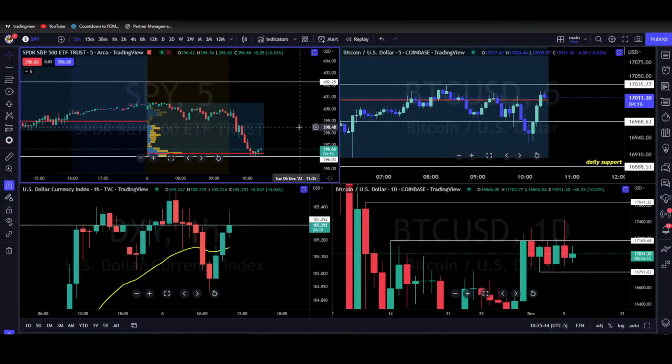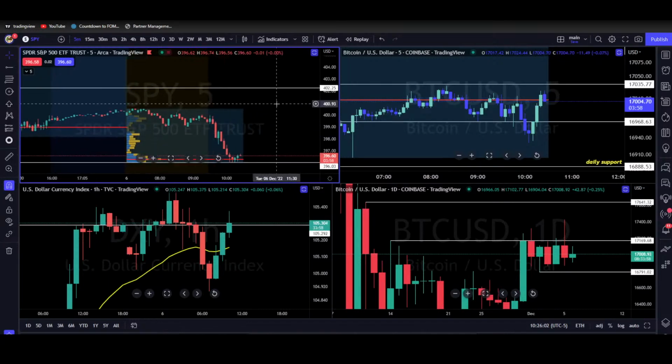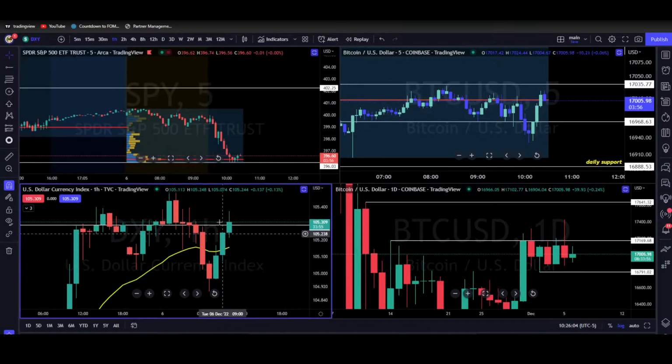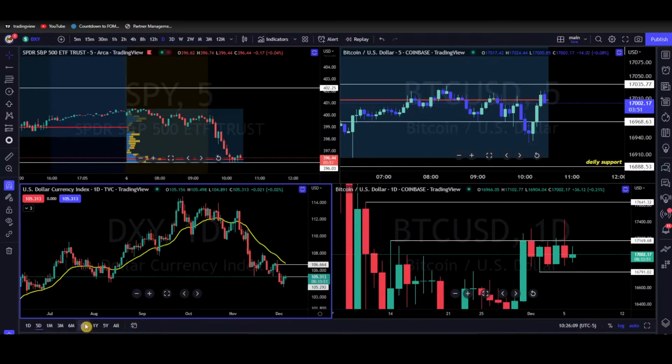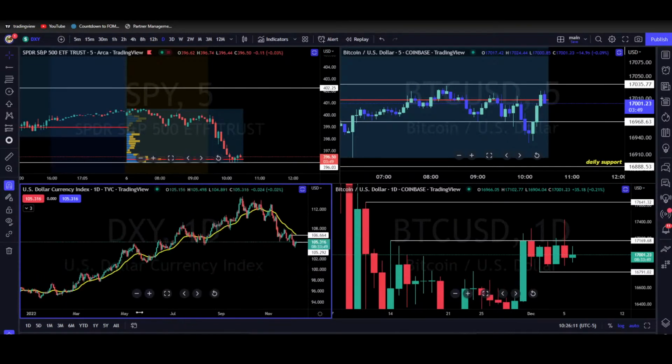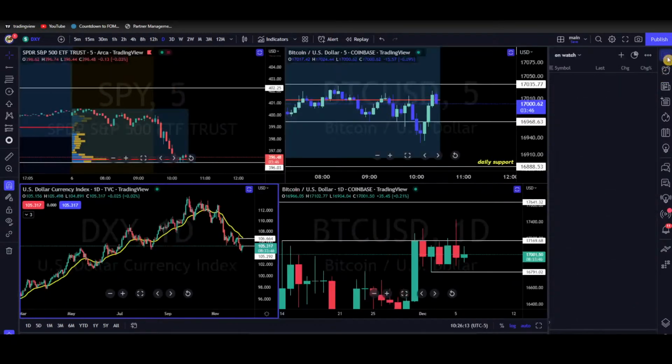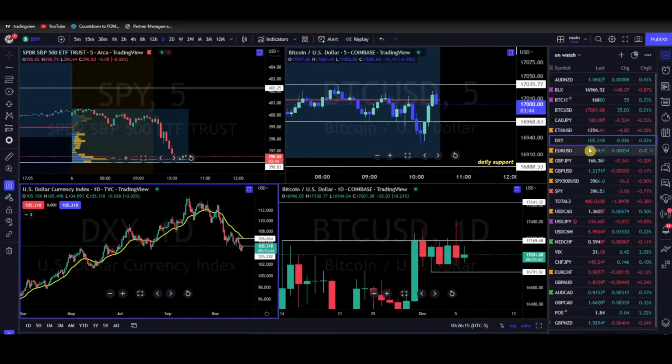I mean, it's going to be easy to beat the S&P 500 this year, even if you only finish the year out with 1% profit, because the S&P 500 is probably going to finish the year out in the red. There's probably no probably about it. The S&P 500 is red on the year. This is the DXY. It is not red on the year.